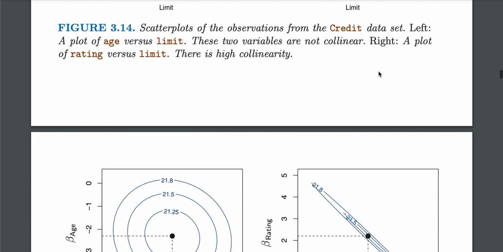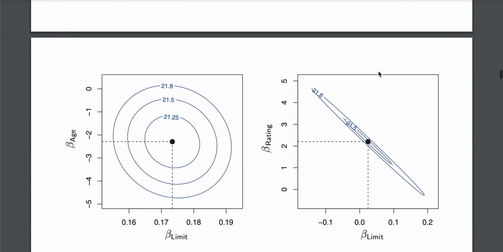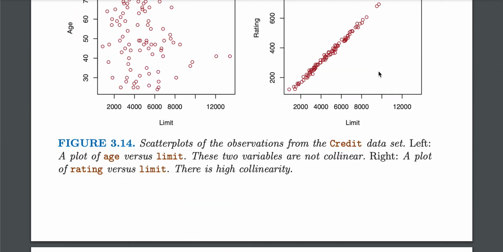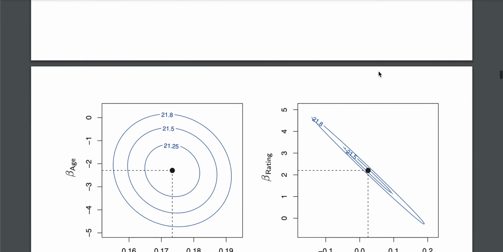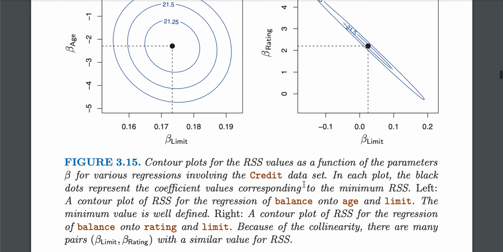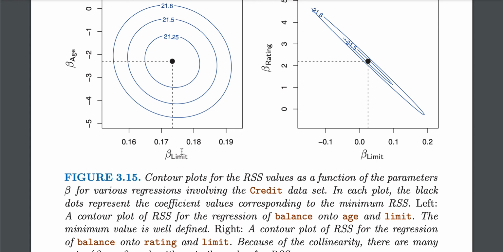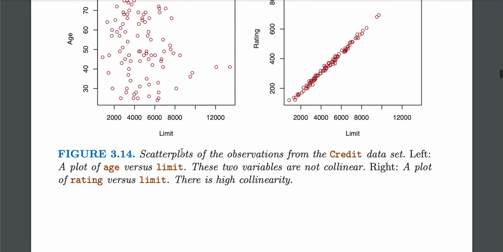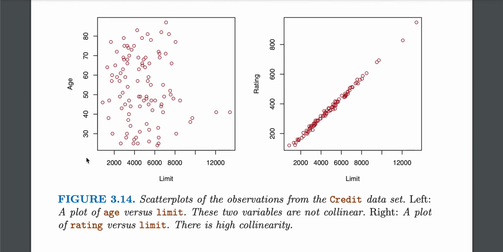And if we are fitting the credit balance using age and limit, age and limit are two predictors which are not heavily collinear.